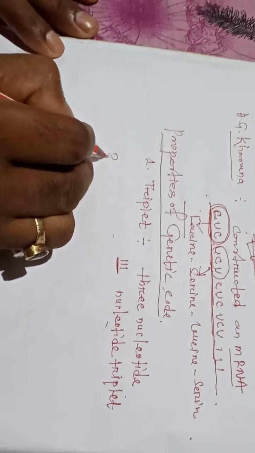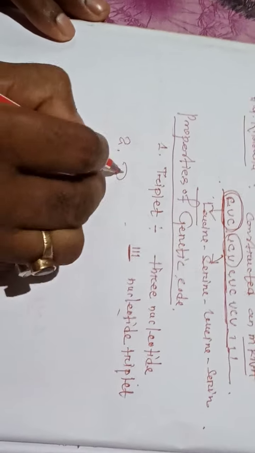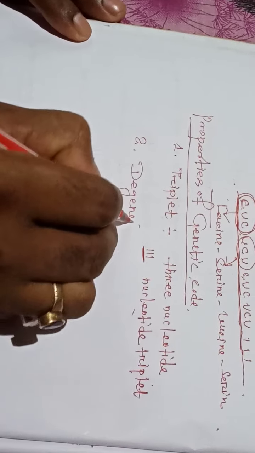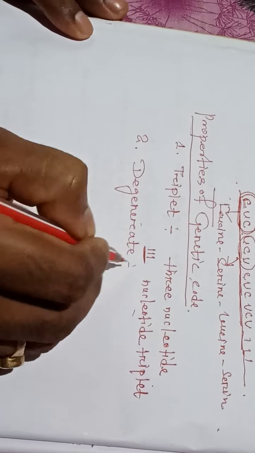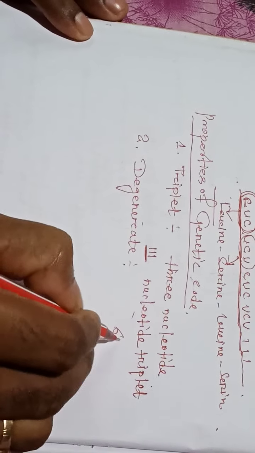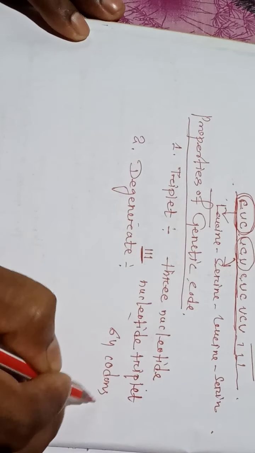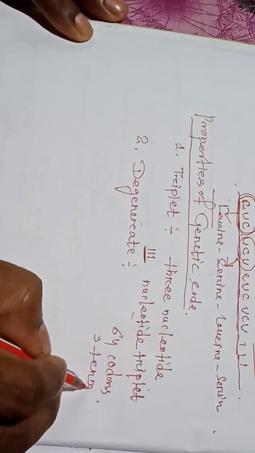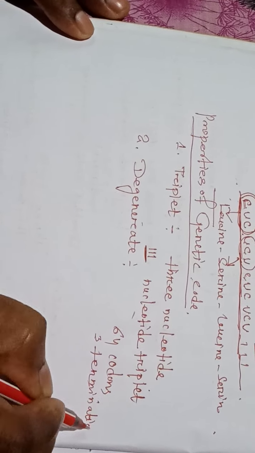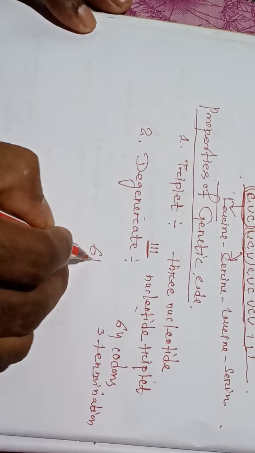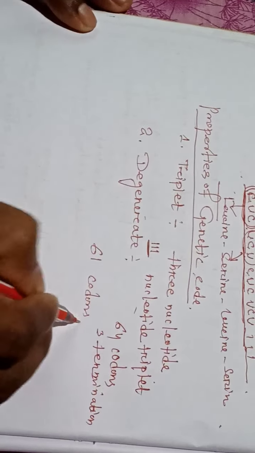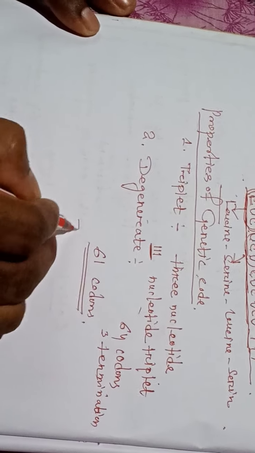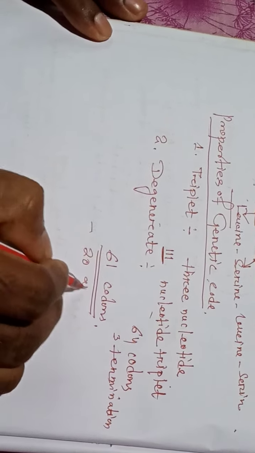The second property: the code is degenerate. We have 64 codons. If we exclude the 3 termination codons, then we have 61 codons, and these 61 codons code for only 20 amino acids.